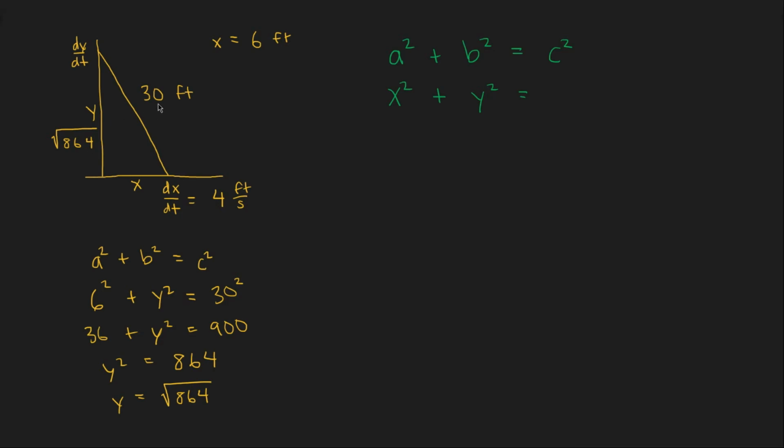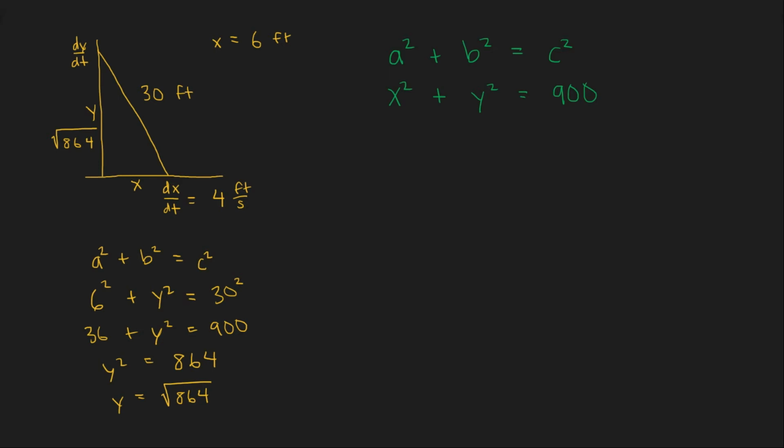Now, what I said earlier was that this 30 is always going to remain constant. So what I'll do now is I'll just plug it in, since we know that this 30 is never going to change. We may as well just plug it in now. So let's do 30 squared, and that's 900.